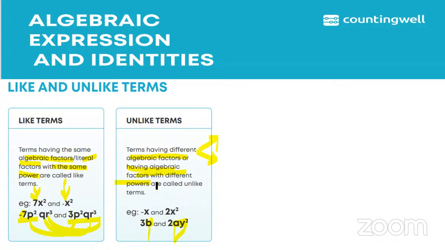Or, what happens if the powers are not the same? Here we have x, here we have x square, so the powers are not the same. If they are the same, they are called like terms, but here they are not, so they are unlike terms. What are the numerical factors here? For 3b and 2ay square, they are 3 for 3b, and 2 for 2ay square.